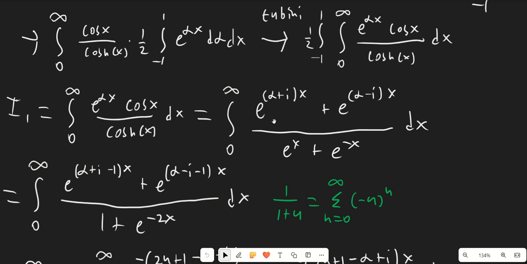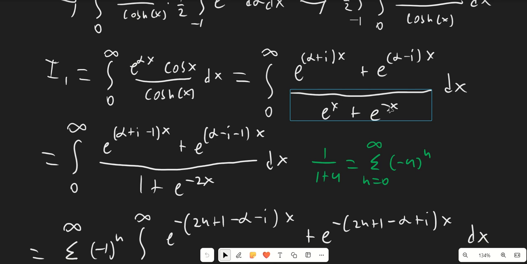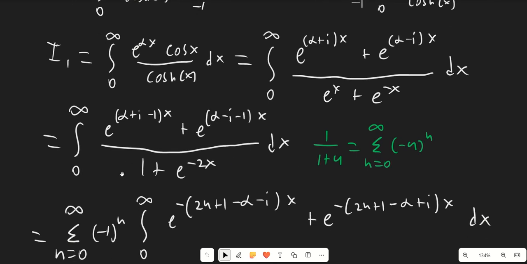So we have these exponents on the top and these exponents on the bottom. Then we're going to multiply by e to the negative x on the top and bottom, so we get this shifted exponential here and this shifted exponential here as well. And then we are going to get 1 plus e to the negative 2x dx, right?